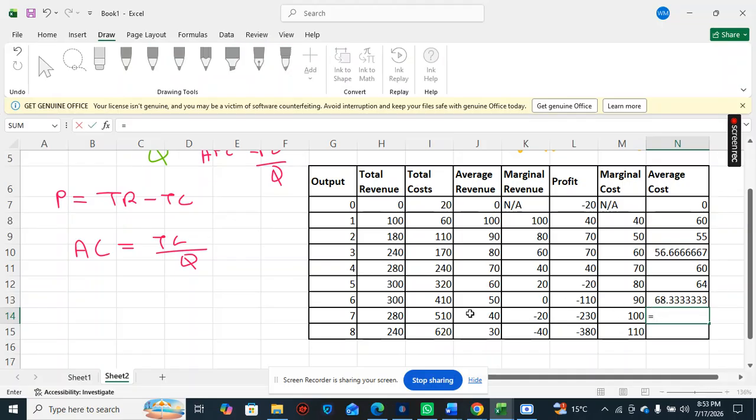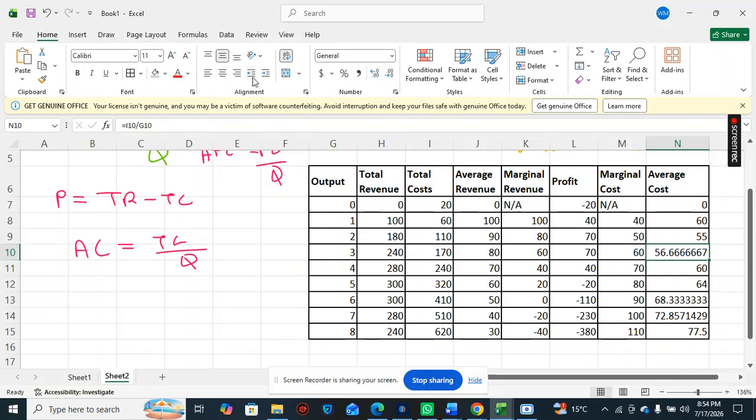When we produce 7 units, total cost 510 divided by 7, 72. When we produce 8 units, total cost 620 divided by 8 units, cost per unit is 77.5. So this is how you do this table here.